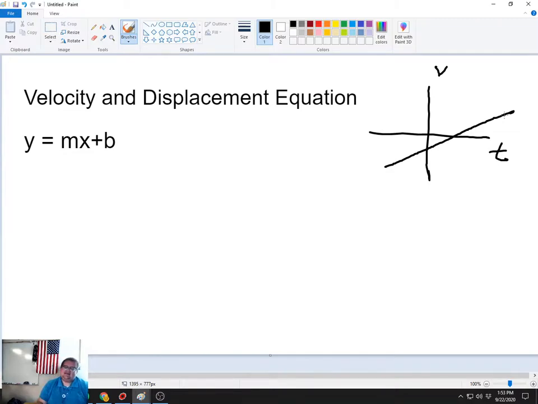So let's take this general equation for a line and turn it into a more specific equation for a line on a velocity versus time graph. So instead of y values, the y values are velocities.